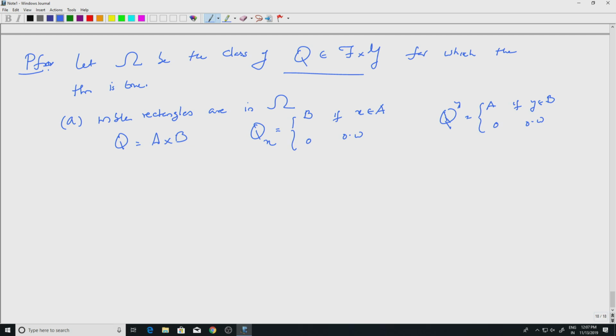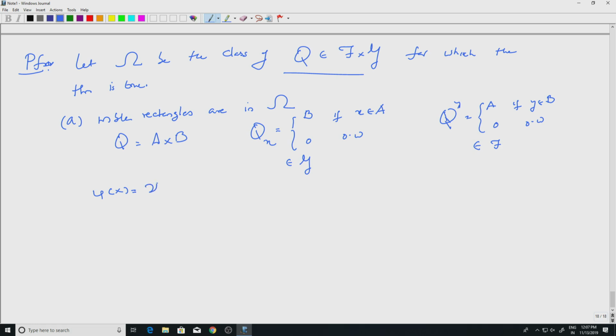Okay, so now Q sub x, where does Q sub x belong to? This belongs to script G, this belongs to script F. So what is phi of x? So phi of x by definition is you evaluate the measure of Q sub x.